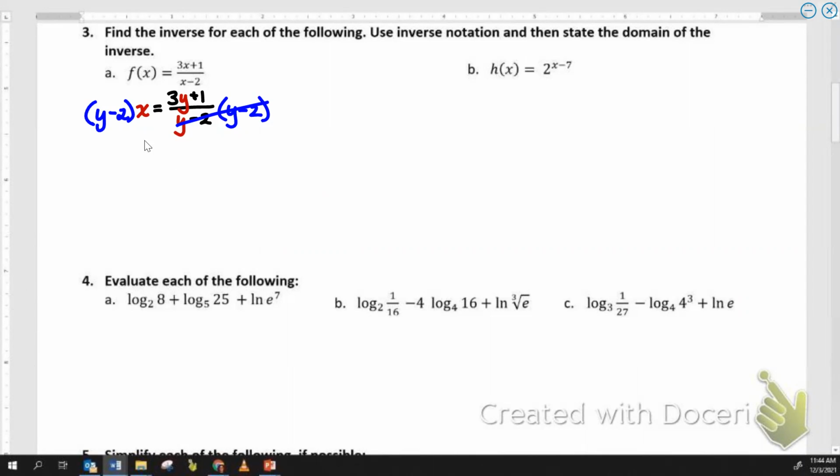Then I would need to distribute this log of 3. So I'd have common log of 3 minus 2x. Common log of 3 equals x. Common log of 4. I want my x's on the same side so that I'm going to be able to factor them out.